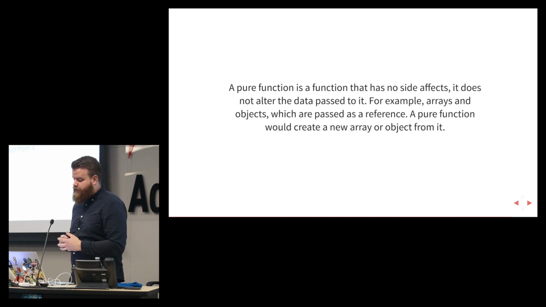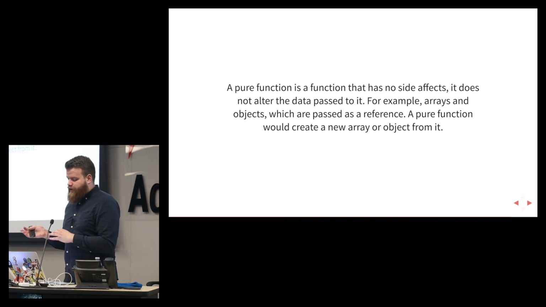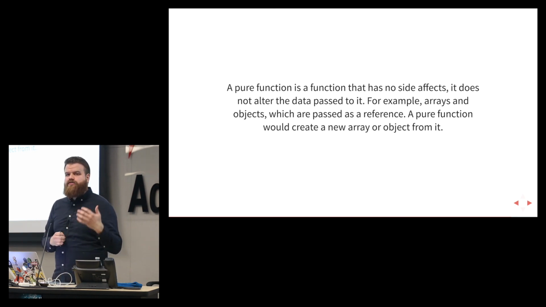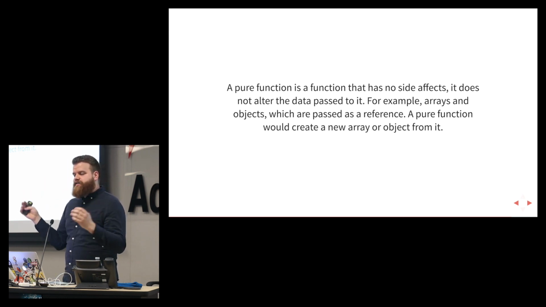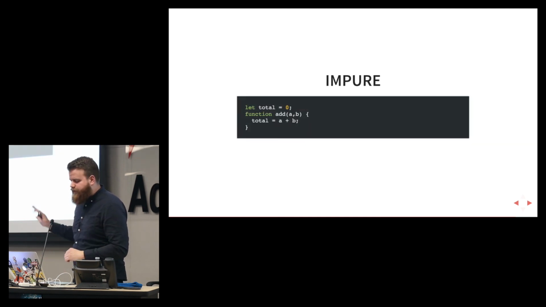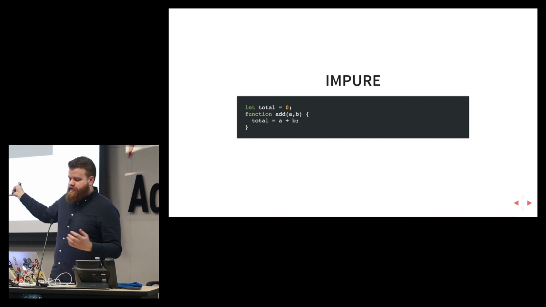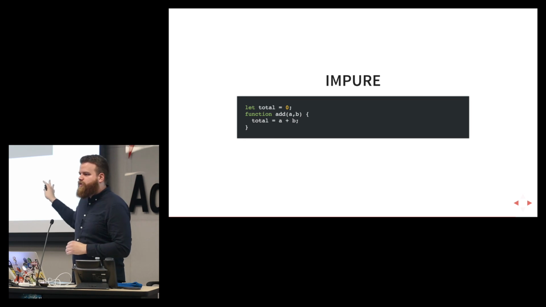So a pure function is a function that has no side effects. It doesn't alter the data passed to it. It goes ahead and returns a new version of that object. If you're thinking an object or an array, it'll create a copy of that, return that new object, and then alter that thing. A really quick example, an impure function would be something like this. Let total equal 0, function add takes a and b, but we're altering total right there.